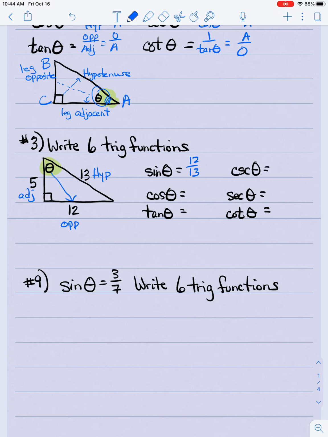Cosine, adjacent over hypotenuse, 5/13. And tangent, opposite over adjacent, 12/5. Then to do the cofunctions, you're just doing reciprocals. So cosecant, 13/12, secant, 13/5, cotan, 5/12, and you're done. You've written the 6 trig functions.